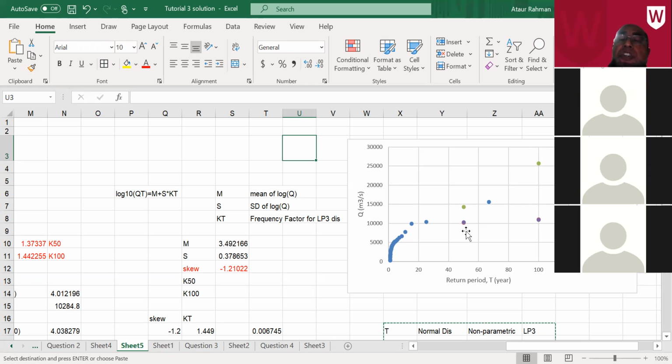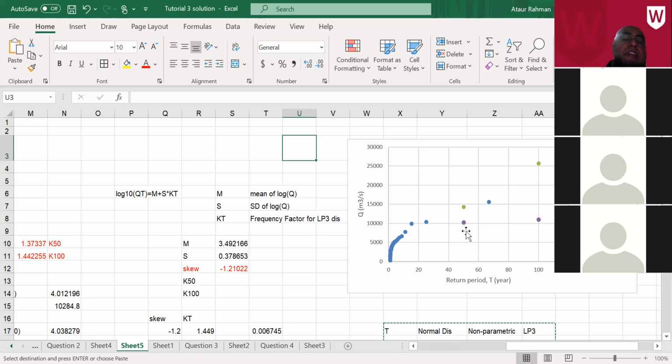But if you use the GEV distribution, you don't need the censoring for this kind of problem, because the GEV distribution is quite interesting and more powerful. It is not much affected by the smaller flows in the data series. The most important thing is that there is no single distribution that is equally good for all stations. In this case LP3 is not doing well, but in many cases LP3 will do very well.